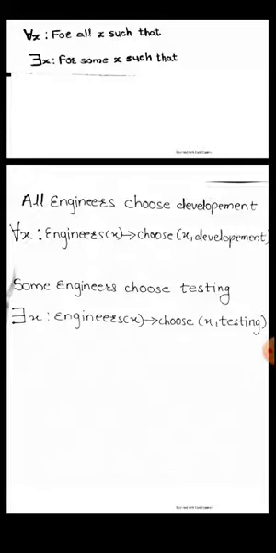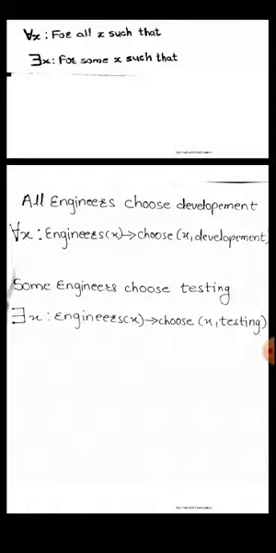The second statement we had is that some engineers choose testing. It will be written like existential of x such that engineers of x implies choose in bracket x comma testing.